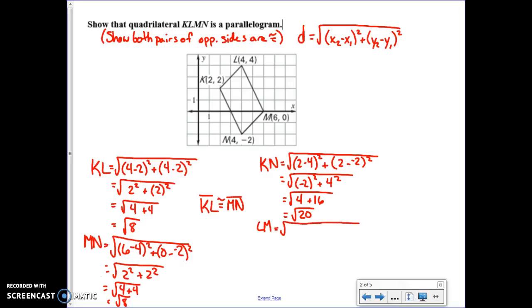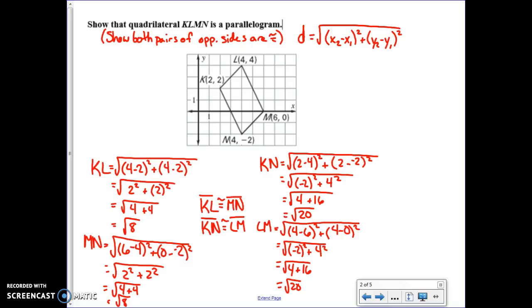Big square root. So I have 4 minus 6, quantity squared, plus 4 minus 0, quantity squared. So 4 minus 6 is negative 2, and then 4 minus 0 is 4. So negative 2 squared is 4, and 4 squared is 16. I end up with the square root of 20. So then that tells me, since those are the same, that KN is congruent to LM.